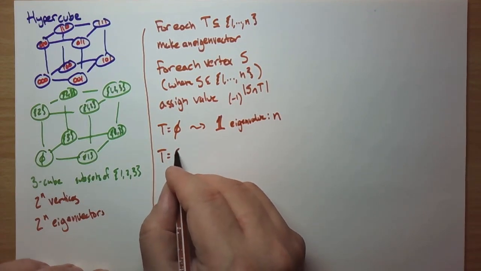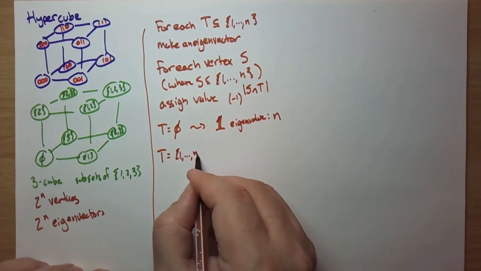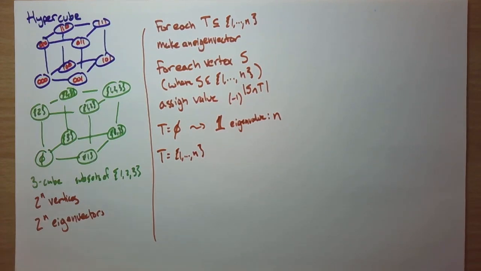What if T is everything? Then what does the eigenvector look like? Is there a nice way to describe it? It's 1 if S has an even number of elements and -1 otherwise.